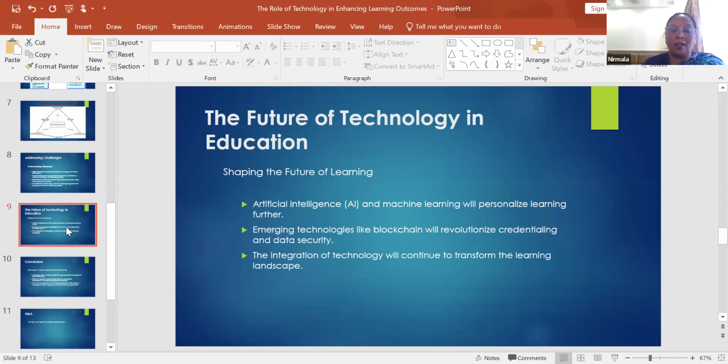AI doesn't replace educators, it empowers them, freeing their time to mentor, inspire, and nurture. The future of education isn't about adopting AI for the sake of it, it is about collaborating with it to unlock the full potential of every learner and shape a world of limitless possibility.